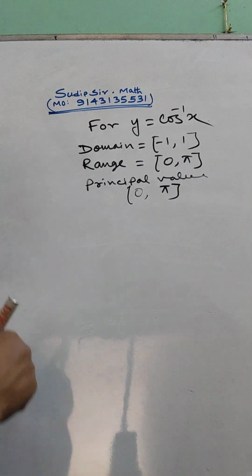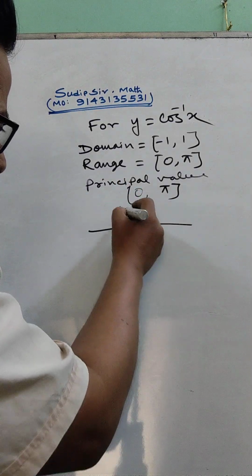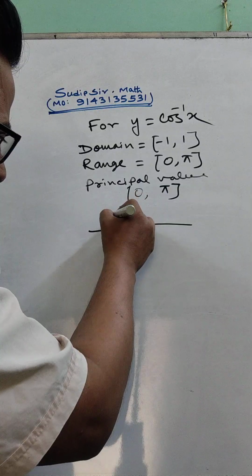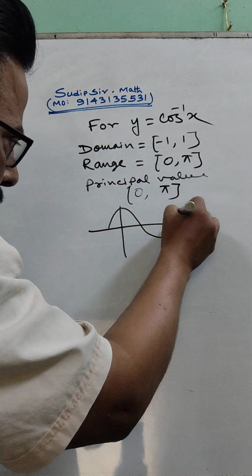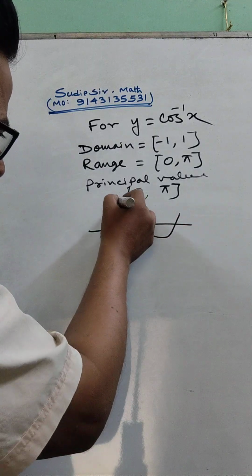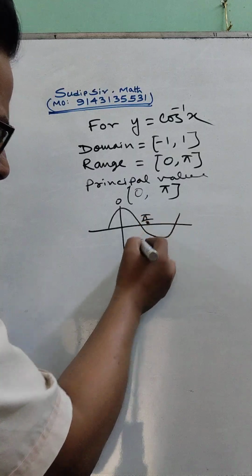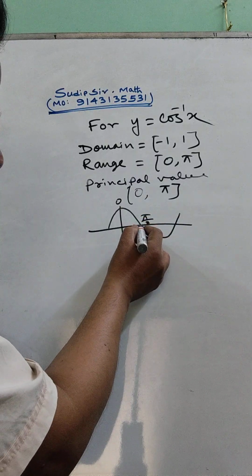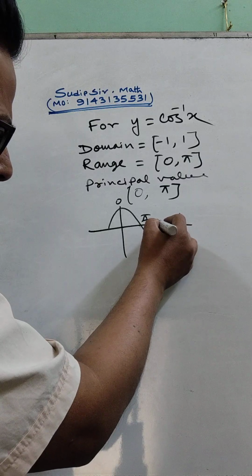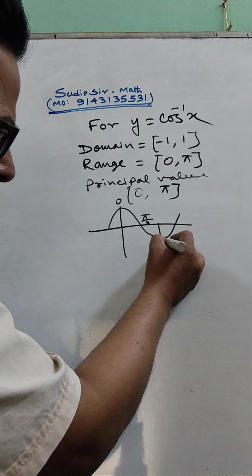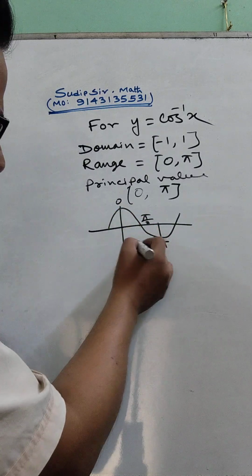So, for y equal to cos x, the curve was like this. This is at 0, cos pi by 2 is 0, and here at pi, cos pi is minus 1.